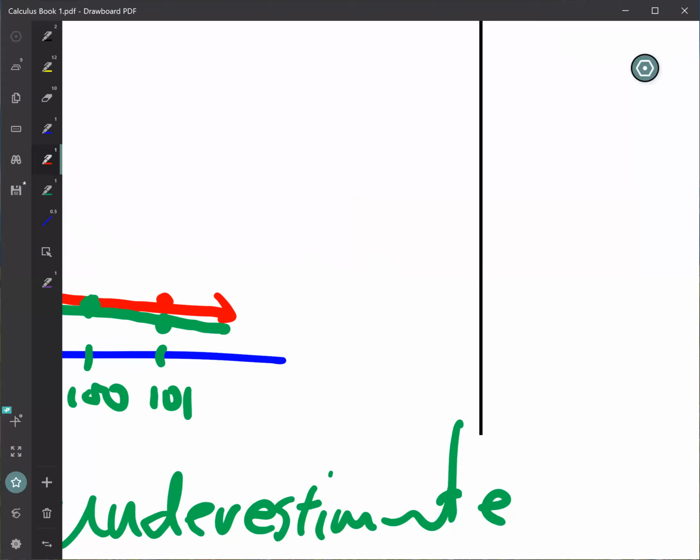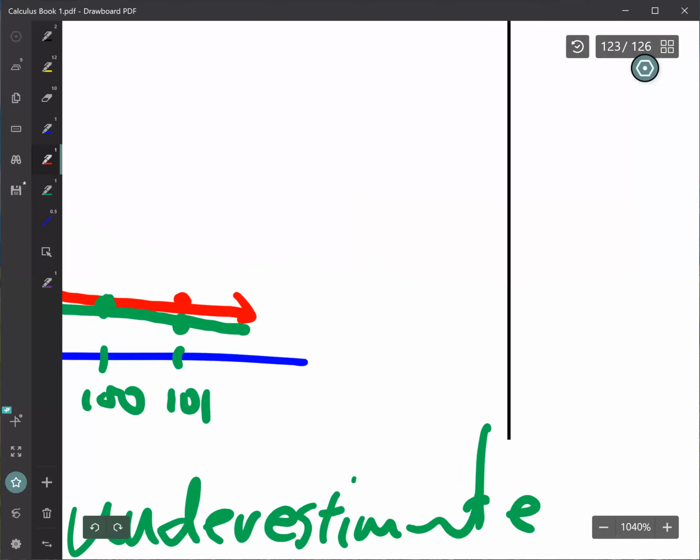We make the graph look like a straight line. So at 100, when it's very close to x equal to 100, the function, the red one, is the same as the green one.